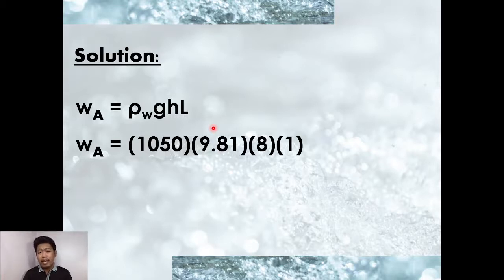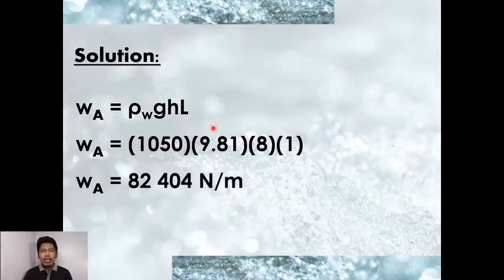The g is 9.81 meters per second squared, multiplied by the height, which we saw earlier is 8 meters, the height of our retaining wall, then the length we are analyzing, which is 1 meter.